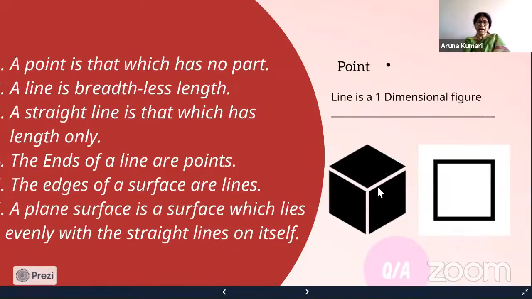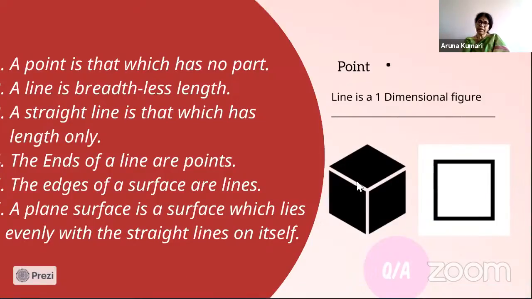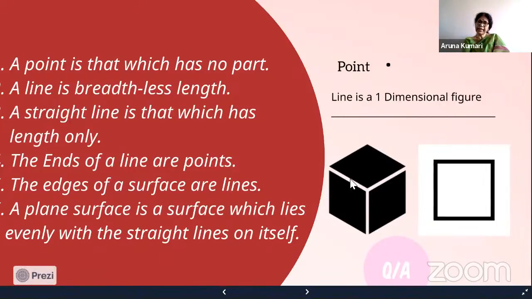How many vertices or corners does it have? 1, 2, 3, 4, and 4, means total 8 corners, isn't it? Next, how many edges? These are known as edges. Total 12 edges. In that class only we studied.